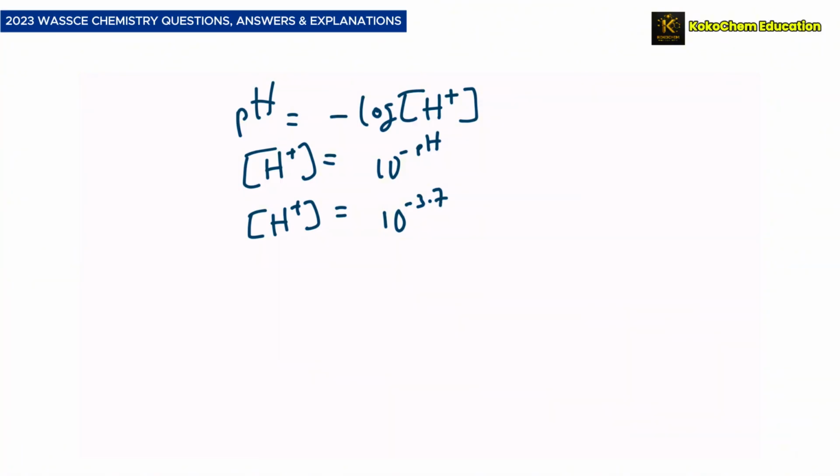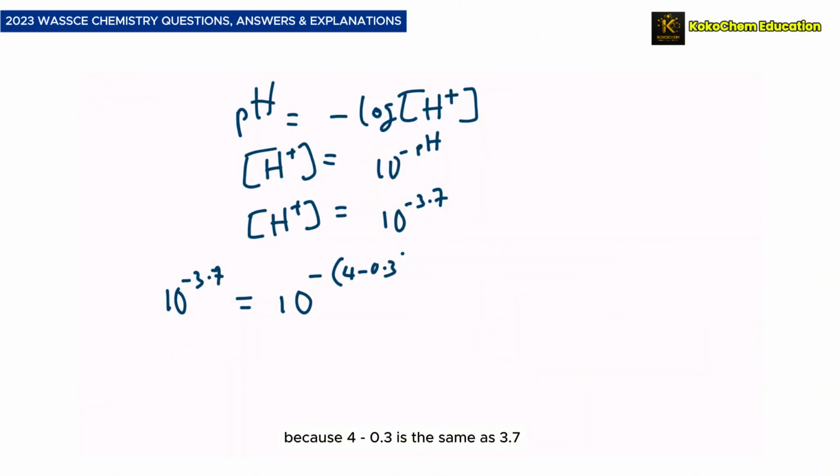To calculate this without a calculator, we can think about it like this: 10 to the power negative 3.7 equals 10 to the power negative 4 minus 0.3, because 4 minus 0.3 is the same as 3.7.